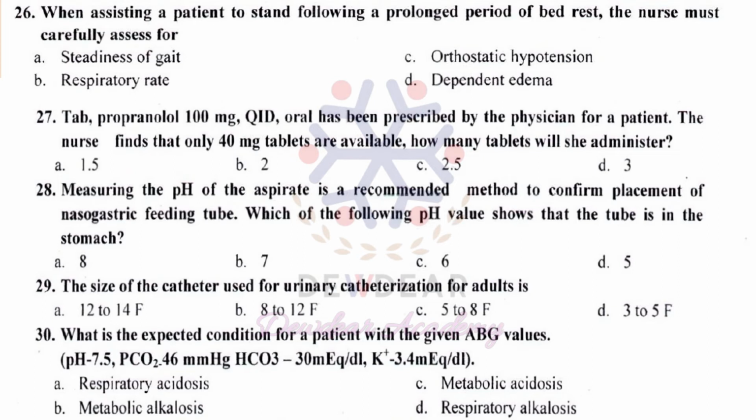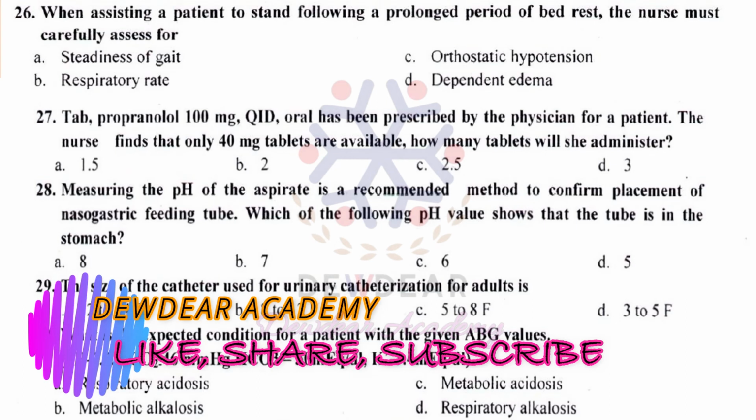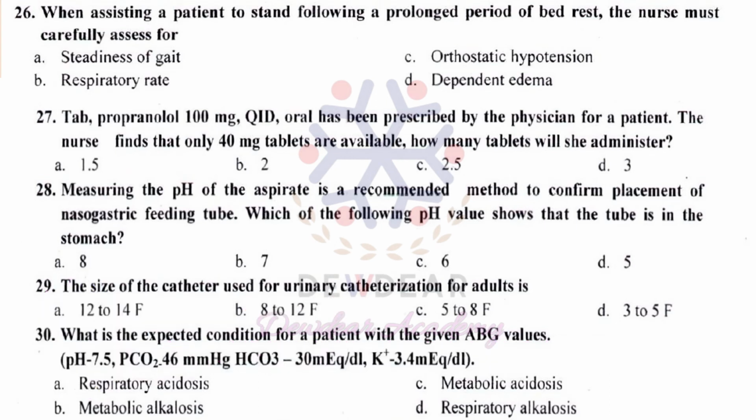So what should the nurse carefully assess for? It is important to assess for orthostatic hypotension when the nurse is assisting the patient to stand following a prolonged period of bed rest.